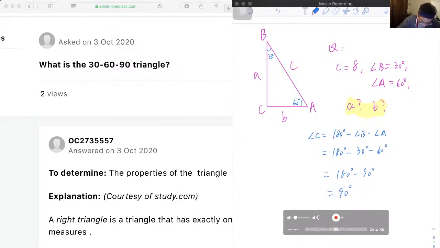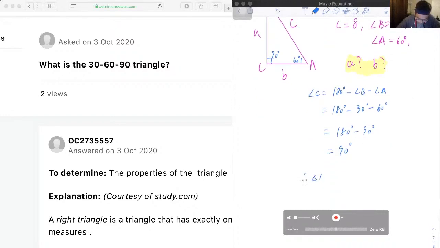So we have angle C as 90 degrees. In other words, it is a right angle, so we have our triangle ABC as a right triangle.